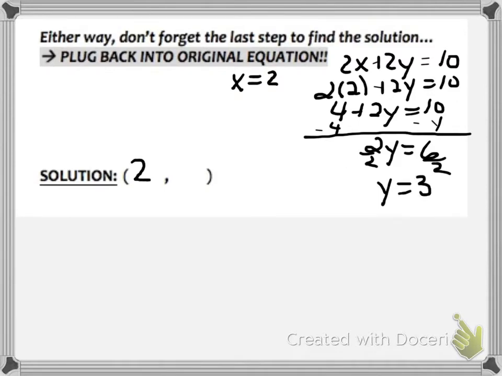So my solution is x equals 2, y equals 3. The point (2, 3) is the one point that satisfies both equations. So let's try a couple.